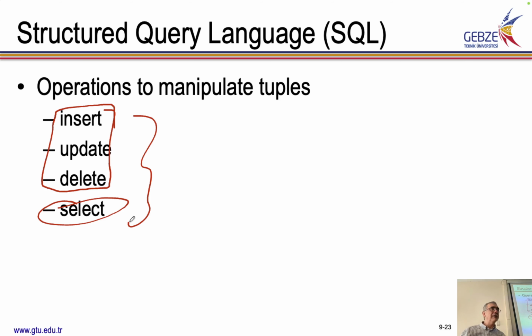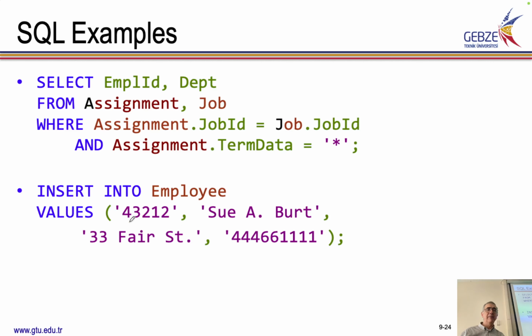So advanced, the same thing, but more advanced ways are quite interesting. This is a typical, you don't have to memorize this. This is a typical SQL query. Select employee ID and department. I'm only interested in these two from assignment and job tables, where I'm now giving the condition.